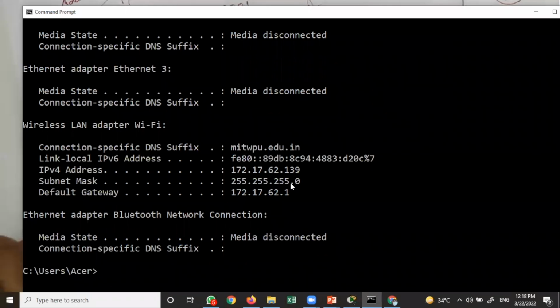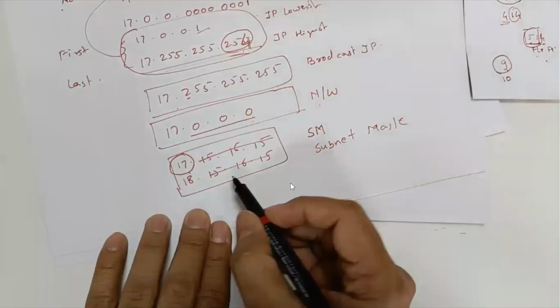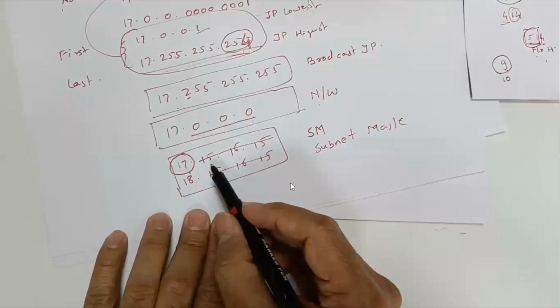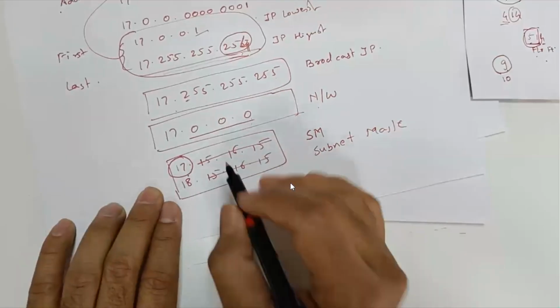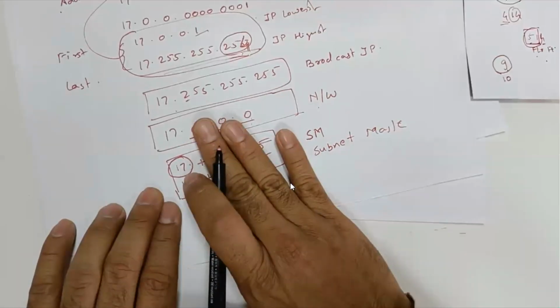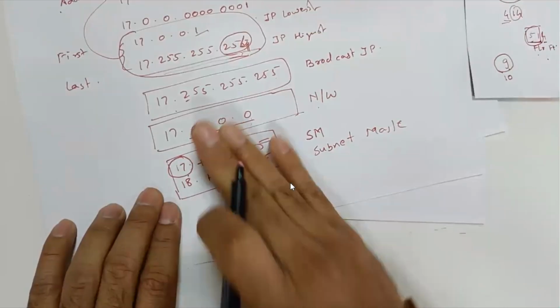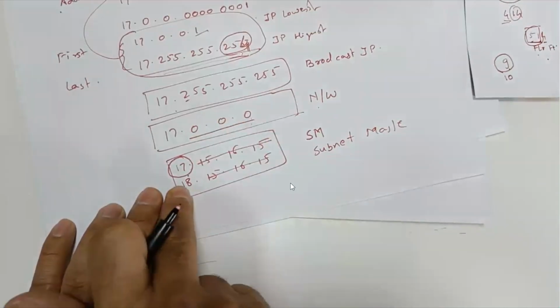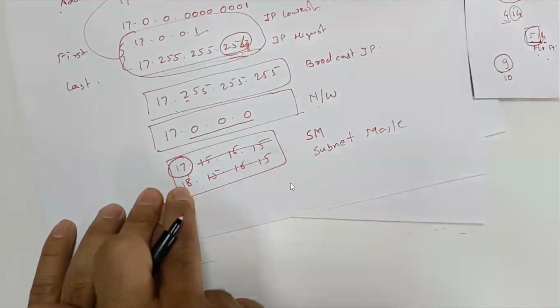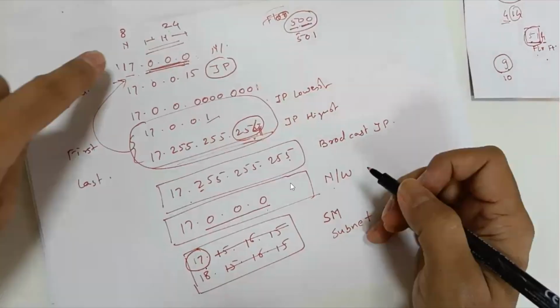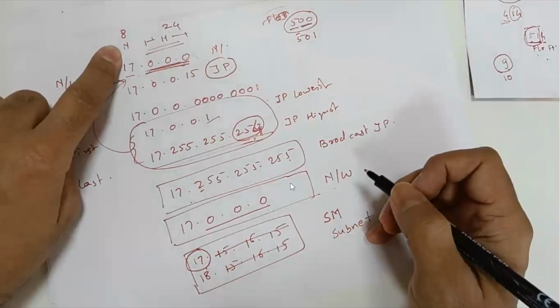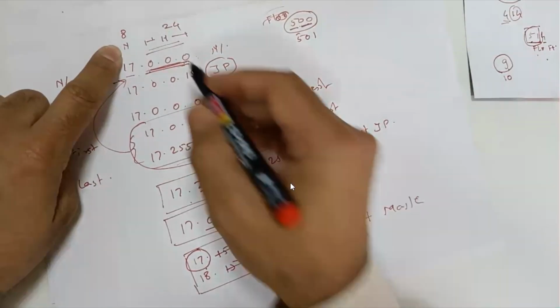Perfect. So what I need here is, this is the IP address, I don't want the host part. What I want is the network part, correct? So in my class, how many bits are network bits? 8 bits, and host bits are 24.